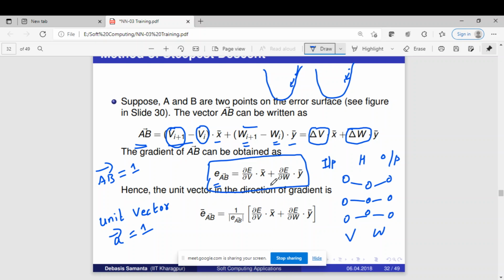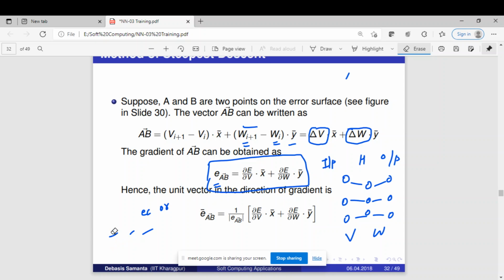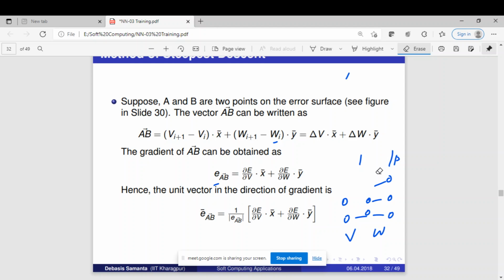So could someone summarize what we have discussed in this slide? What we have discussed so far. What is AB? What vector is it? How did you get that AB?